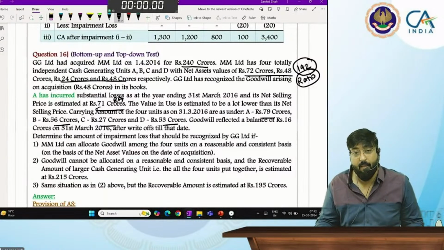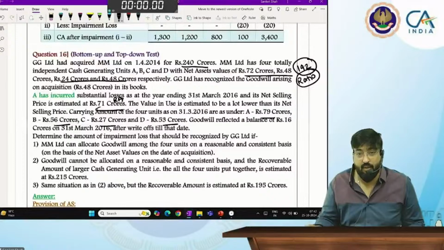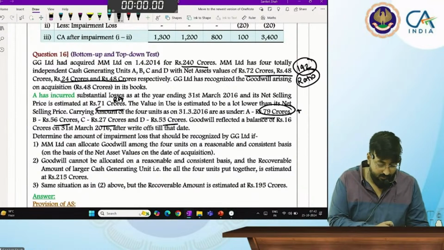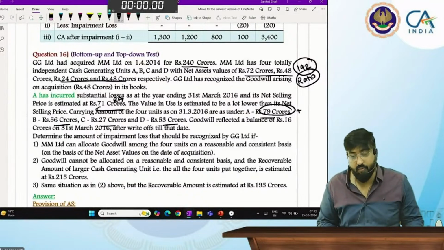I will focus only on A. I will add goodwill 16 in the ratio of which ratio? Sir, 16 divided by 192 into 72. So what is the total?